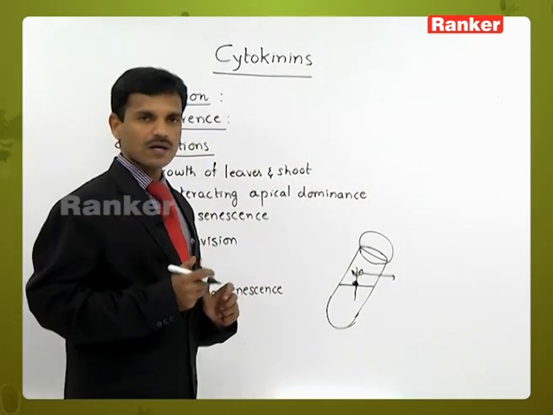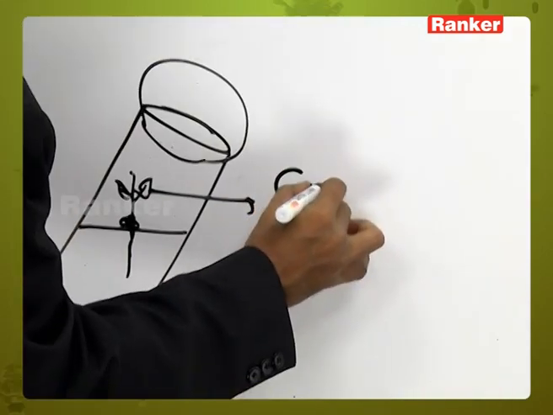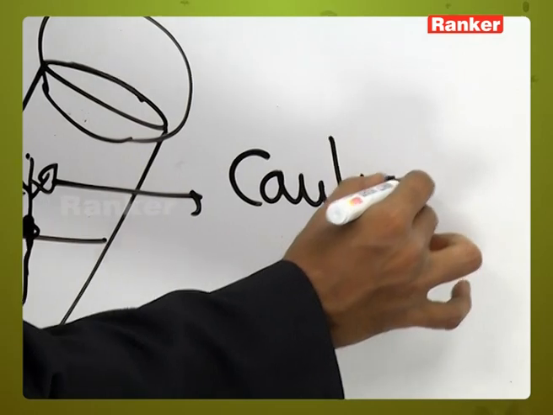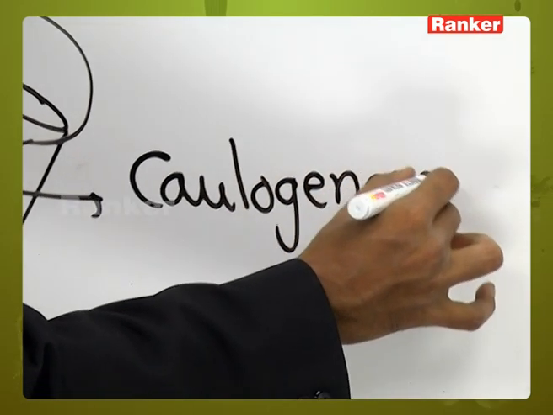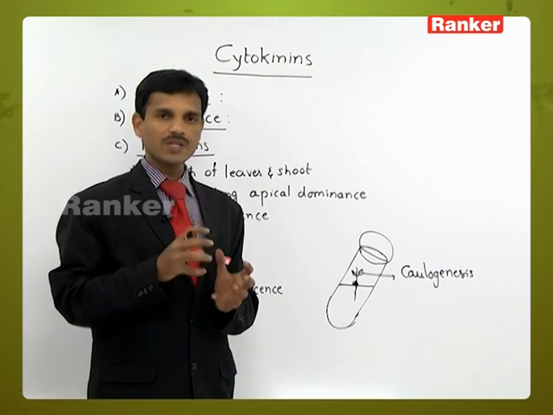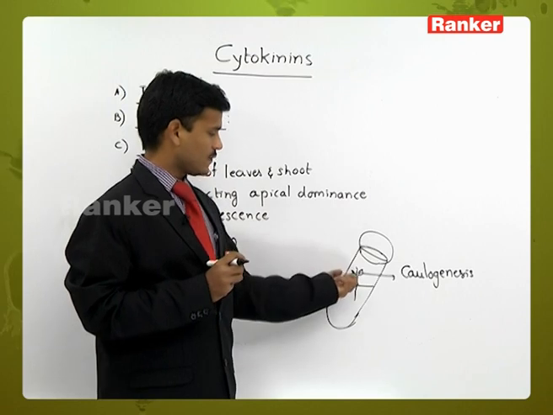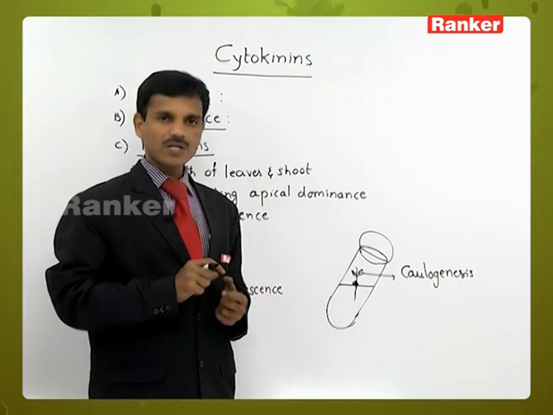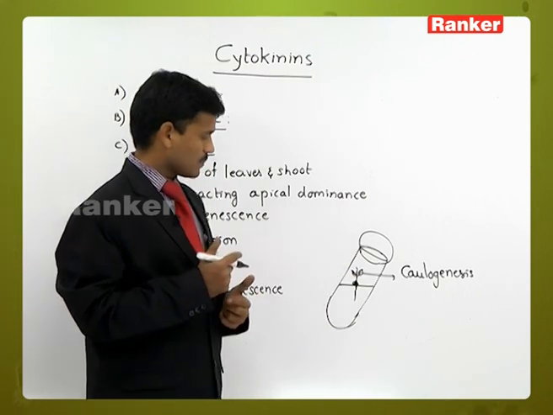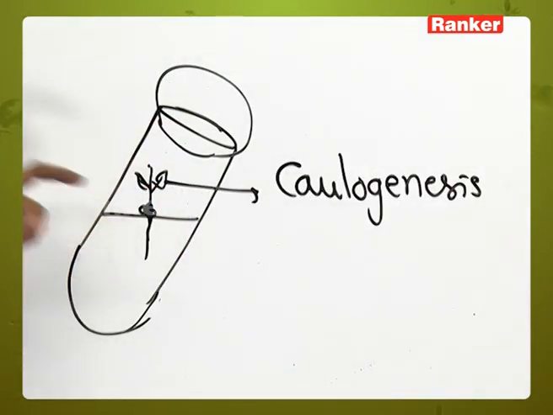The cytokinins are involved in shoot formation, which is called caulogenesis. Here the tissue develops and divides, forming the callus, or undifferentiated tissue. From this undifferentiated tissue, the stem, leaves and root system are produced.